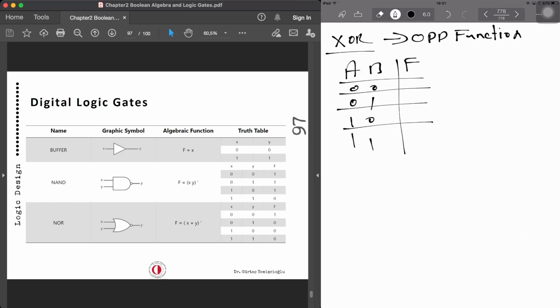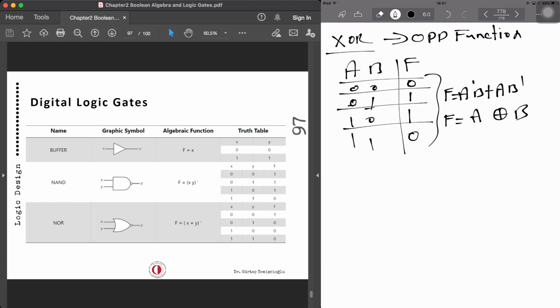When both are 0, it's even. Only one of them is 1, it's odd, odd, and even. So this is the expression that we have got. You can either call it A prime B or A B prime, or you can use a special symbol for exclusive OR, which is the plus operation inside of a circle, A XOR B.